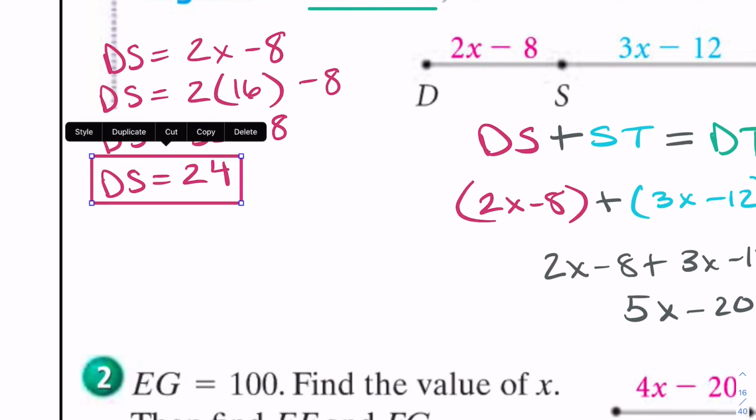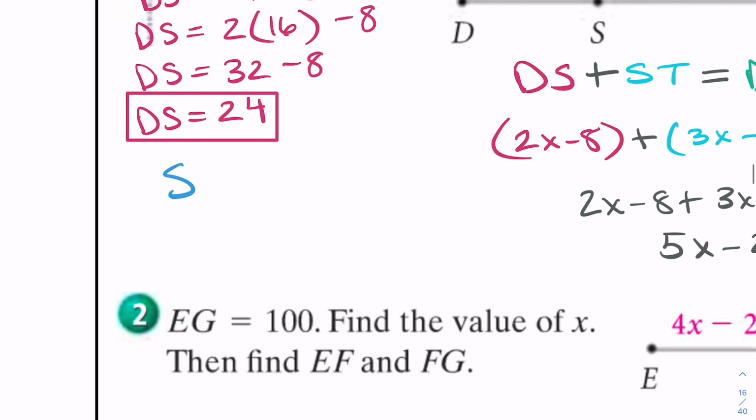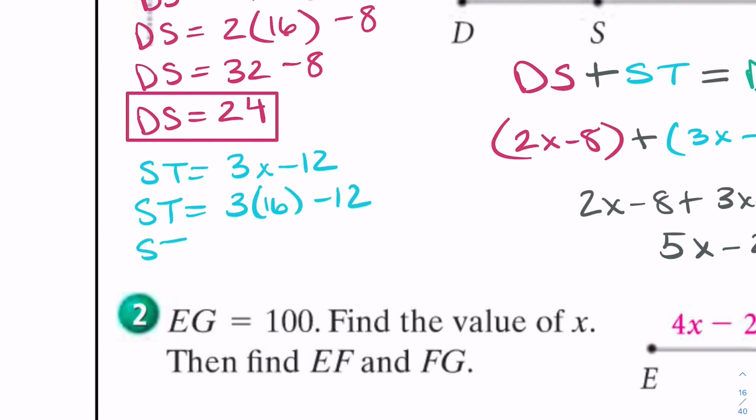All right, the next one, ST. ST equals 3x minus 12. ST equals 3 times 16 minus 12. ST equals 30 and 18 is 48. Take away 12.